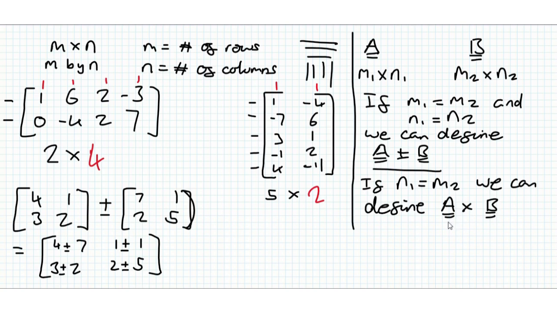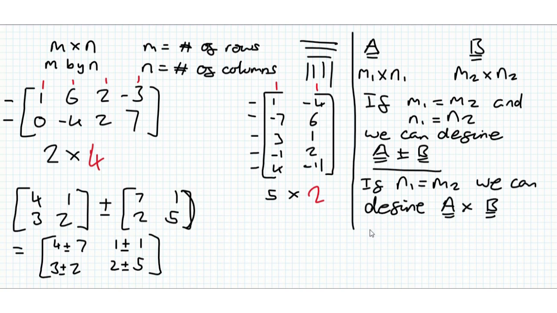Note that we can define A cross B, but we cannot necessarily define B multiplied by A, with B on the left, because matrix multiplication is different to scalar multiplication in that way: it doesn't commute. So that's something important to remember.